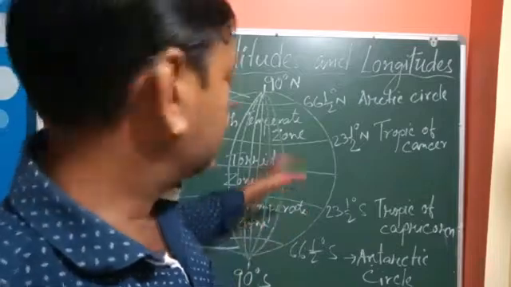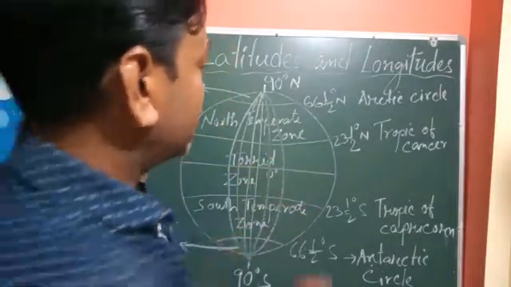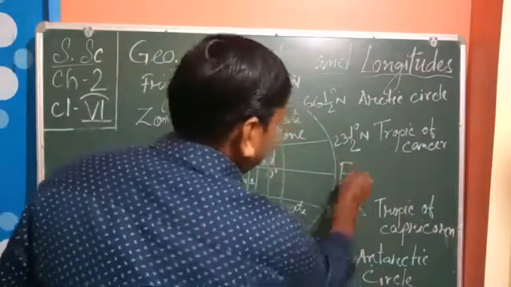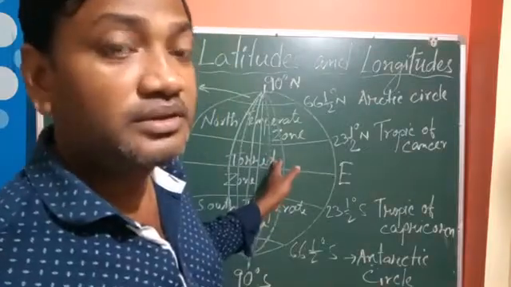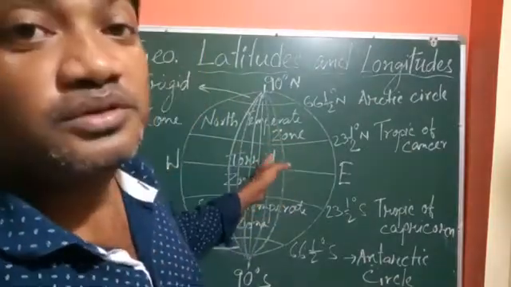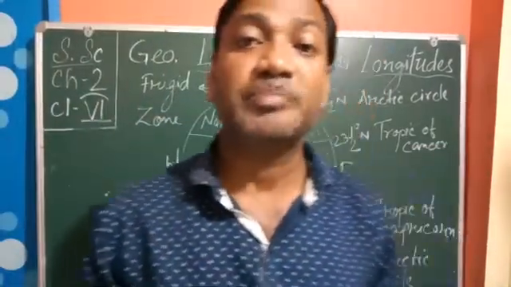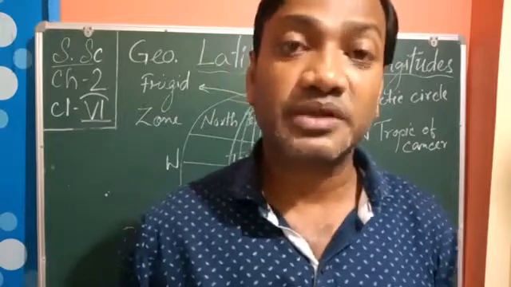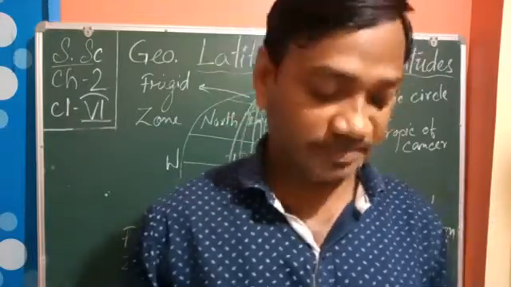That also we discussed. How many degrees it is on the east side or the west side, we can know with the help of these longitudes. That means meridians help us to know what angle it makes.